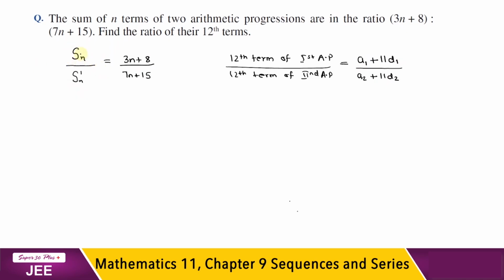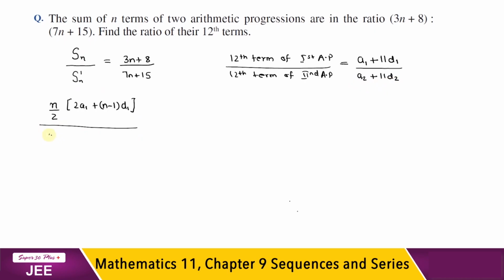We have Sn, which means sum of n terms of the first AP. And first AP has first term as a1 and common difference as d1. So Sn becomes n by 2 times 2a1 plus n minus 1 times d1. Alright, I have written down the formula of sum of n terms. And Sn dash represents the sum of n terms of that AP whose first term is a2 and common difference is d2.